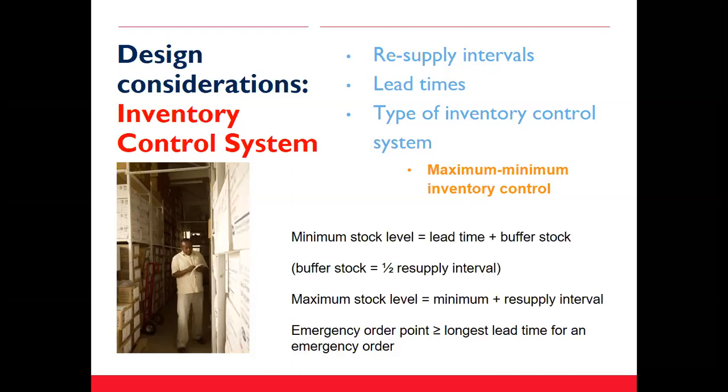Remember that stock levels take into consideration the resupply intervals, estimated lead times, and buffer stock requirements. The establishment of an inventory control system helps storekeepers and logistics managers know when to order or issue and how much to order and issue, and parameters by which to determine if they are adequately stocked.